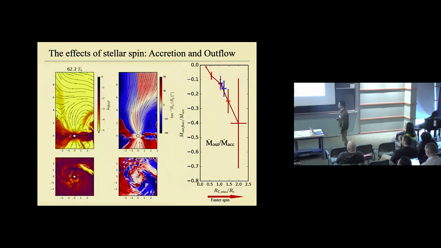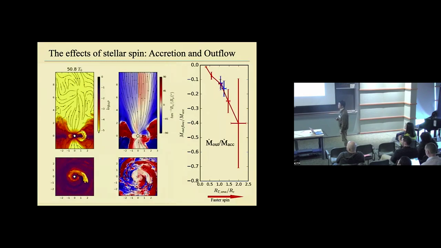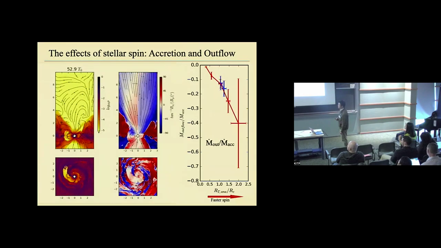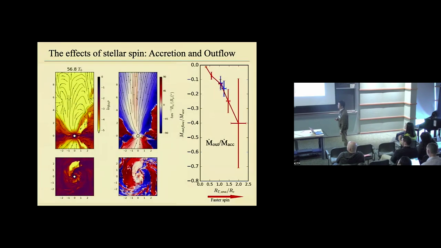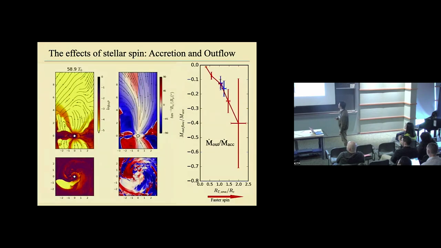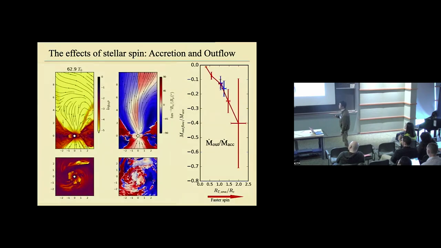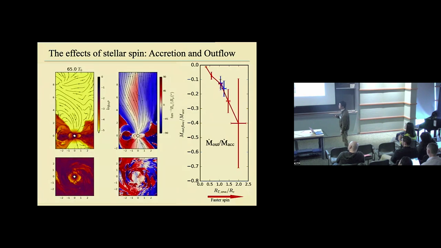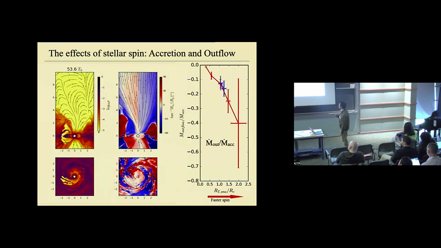Yeah, the reason I ask is that in TW Hydra, there's evidence for something like a polar wind, which people say could be an accretion-driven stellar wind. Mm. Because you have a very thick disk, can you actually get some ejection that's not at a very high angle to the polar axis?